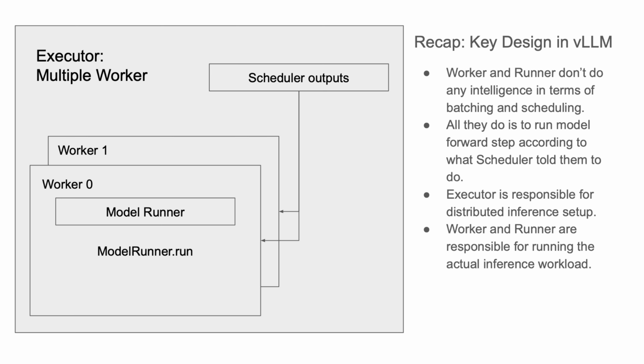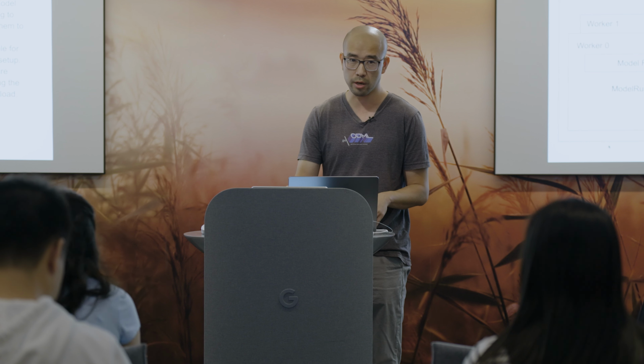All they do is basically listen to the scheduler output from the scheduler and try to run one single forward step. So in this case, executor is only responsible for running the inference in distributed setup.